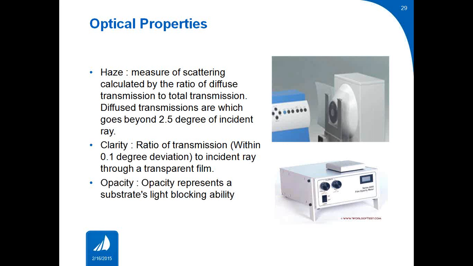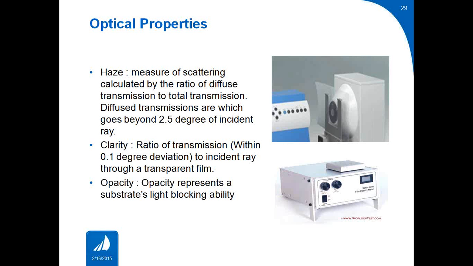But if you try to pass a light through a particular transparent film, some of it will get distributed in different angles. It scatters out. I shouldn't say it's only refraction, but it's scattered out depending on many things, flow patterns, particles present inside. So the scattering beyond 2.5 degrees is haze.